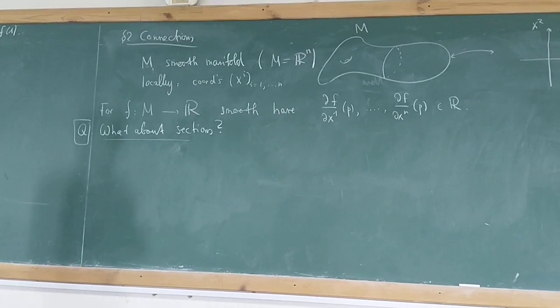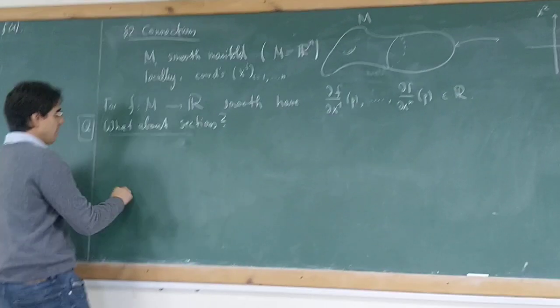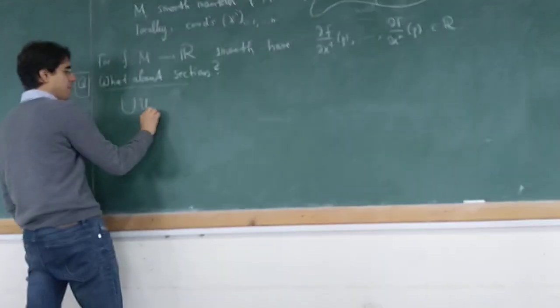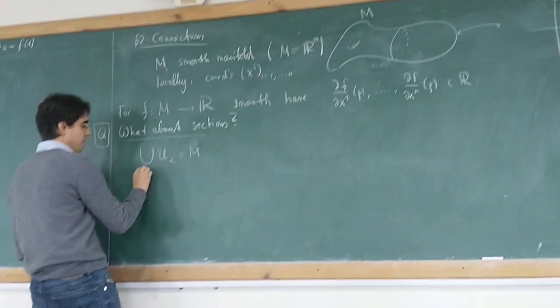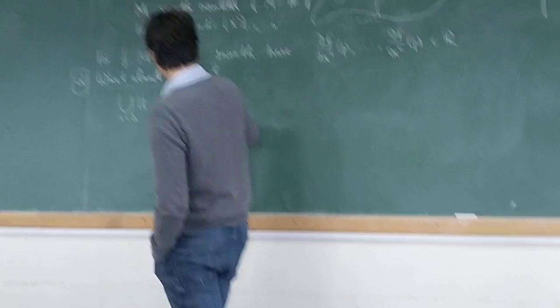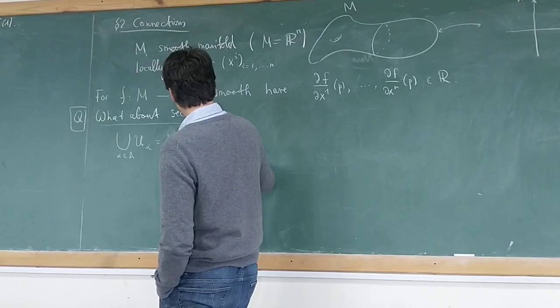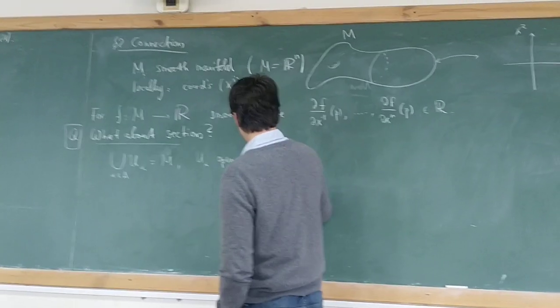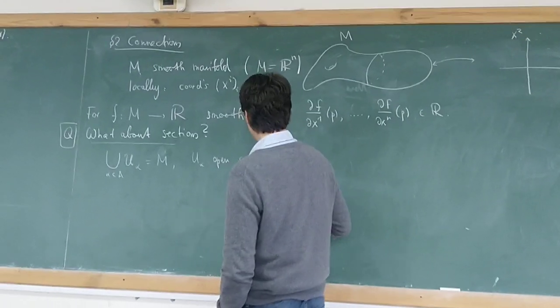And, well, to discuss this question, let's choose an open covering of M by U alpha, open coordinate neighborhoods. This means we can introduce coordinates there.